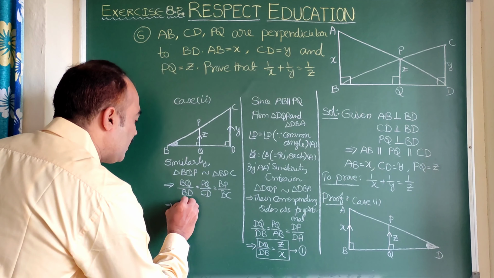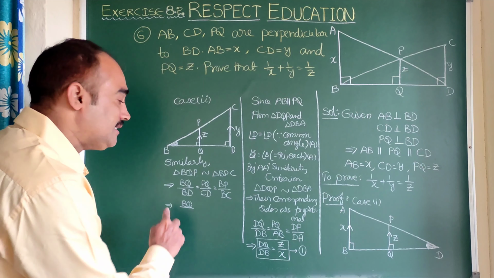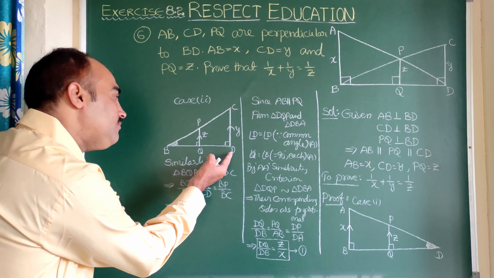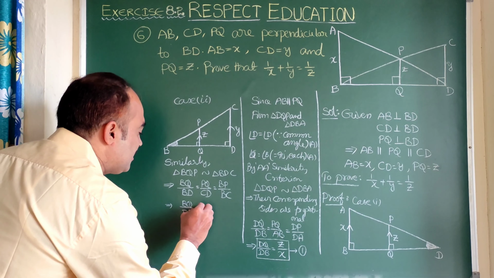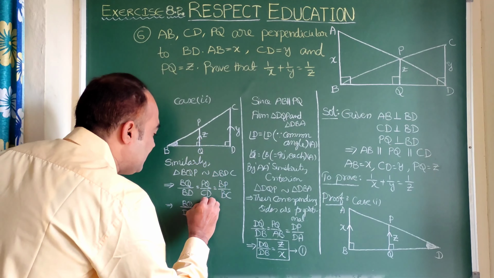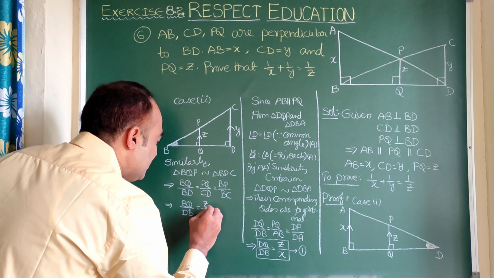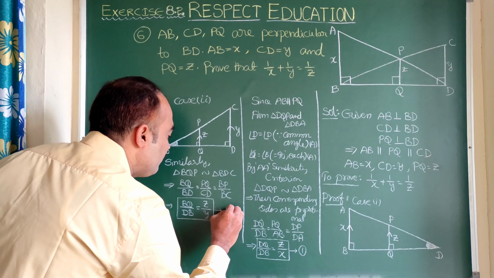BQ not known, let us write as it is. BD also can be written as DB, just the distance between B to D, nothing but distance between D to B. I am writing this as BQ by DB is equal to PQ, Z, by CD, Y. So let us consider this as equation number 2.